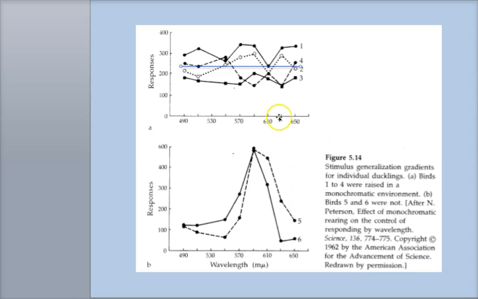He then went back and retested them, and all 4 birds produced a peaked gradient. So they were not blind. They simply didn't have the experience that they needed in order to produce a gradient. Only after they got the experience were they able to produce the peaked gradient.